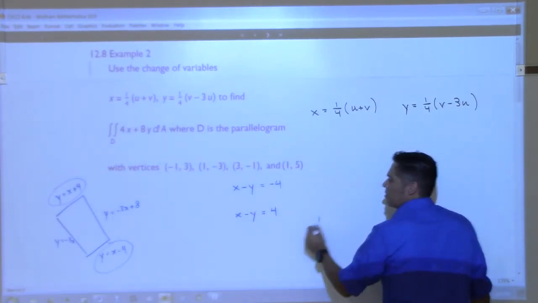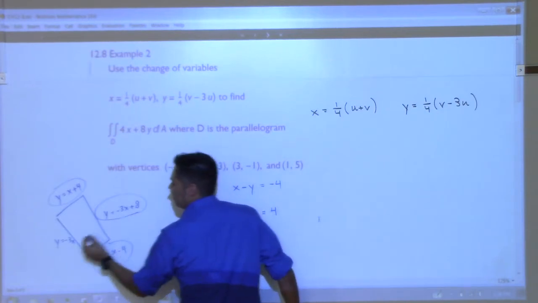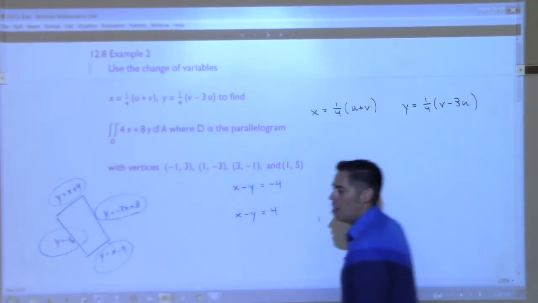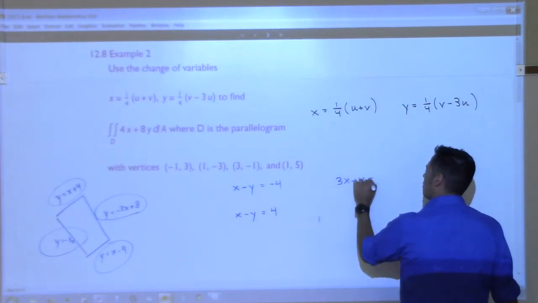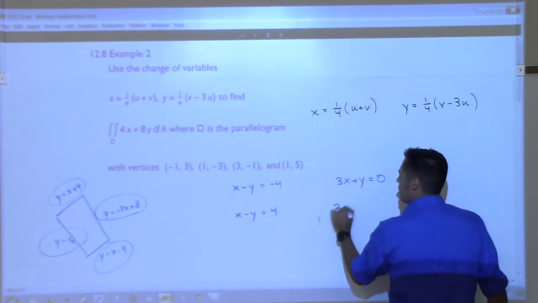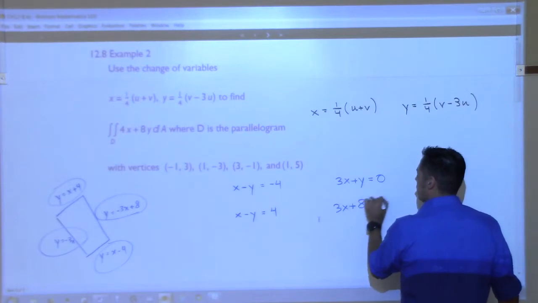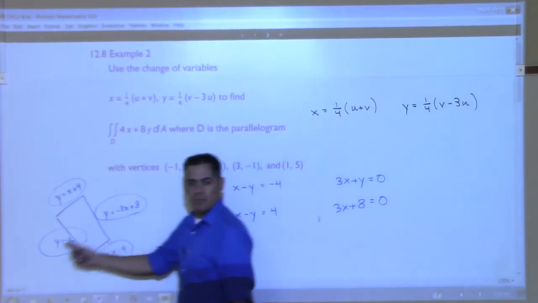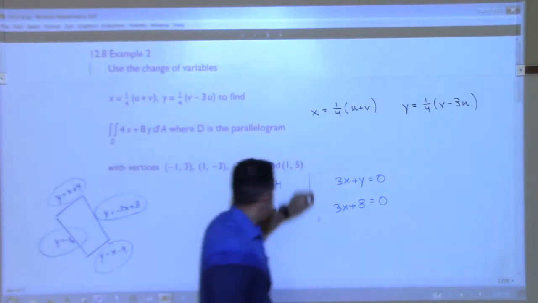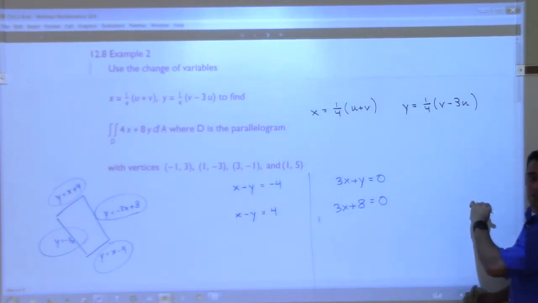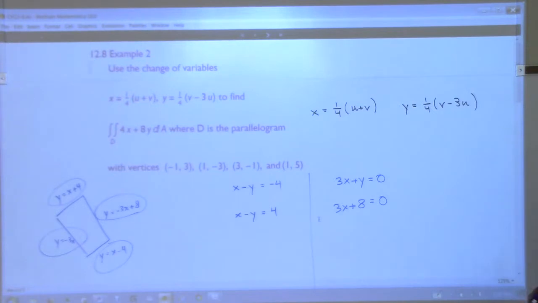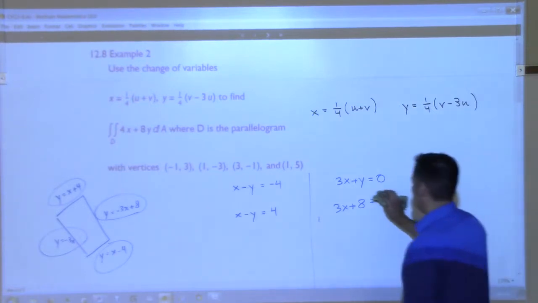And then, what about the other two here? These are very similar, aren't they? I could write one of them as 3x plus y equals 0. I could write the other one as 3x plus y equals 8. Do you all see that? These two, written that way? That's not at all what I wanted.